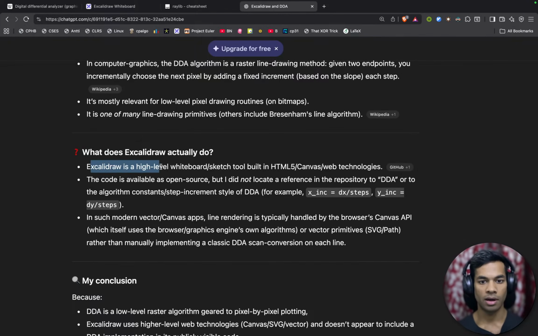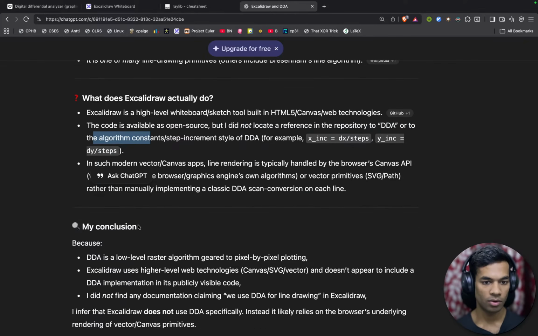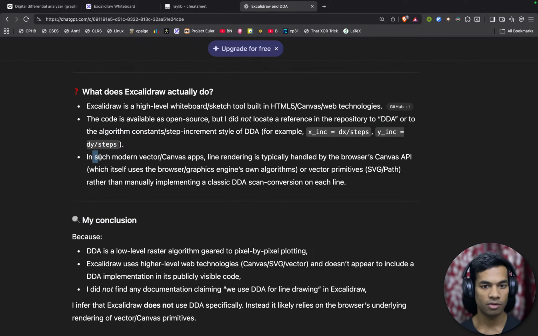Excalidraw is a high-level whiteboard tool. Yes, the code is available as open source. Excalidraw is open source, but I did not locate a reference to the repository for DDA. So it does not use DDA in such a modern vector canvas.